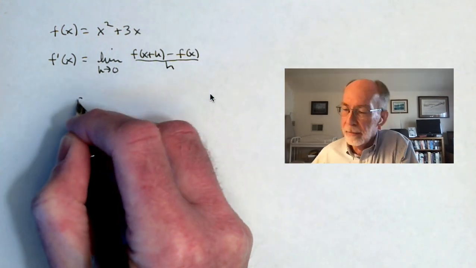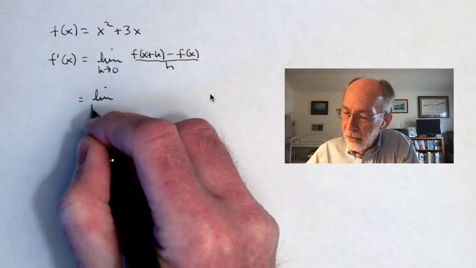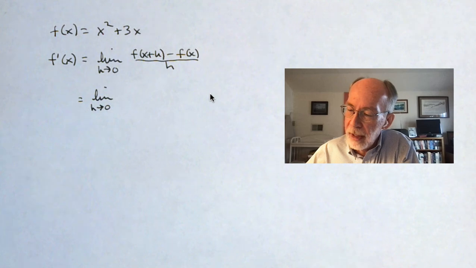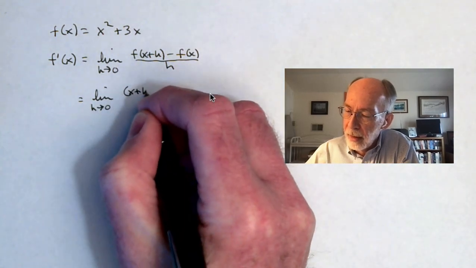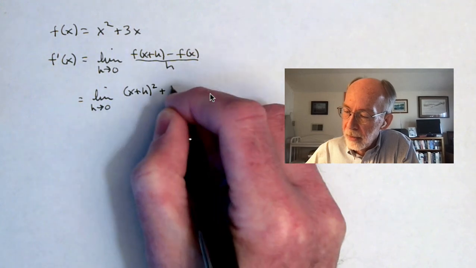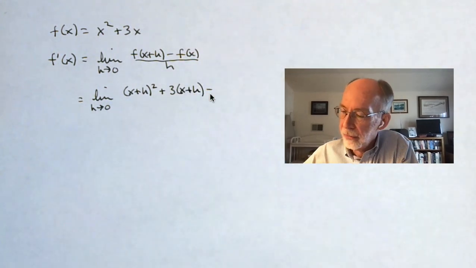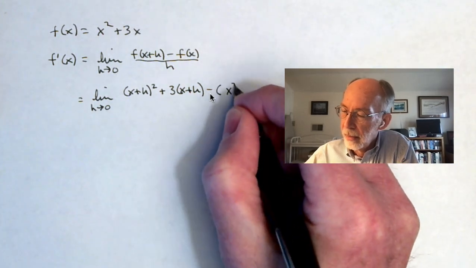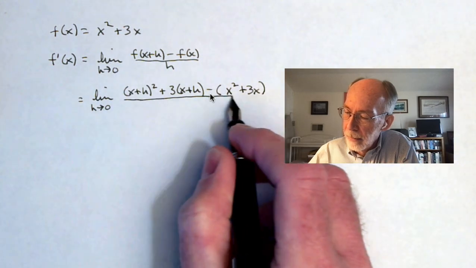And in our case, that is the limit as h goes to 0 of, what's our f? It's x squared plus 3x. So f of x plus h is x plus h quantity squared plus 3 quantity x plus h. Then minus f of x, which is x squared plus 3x, all over h.